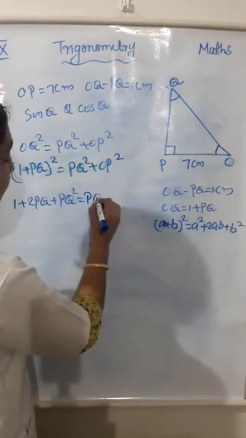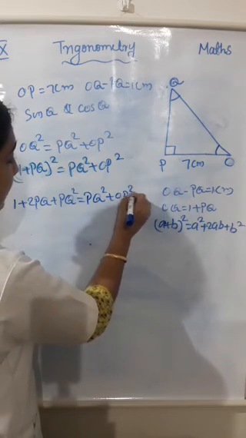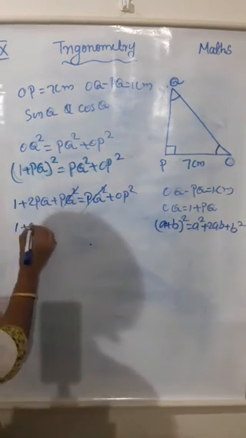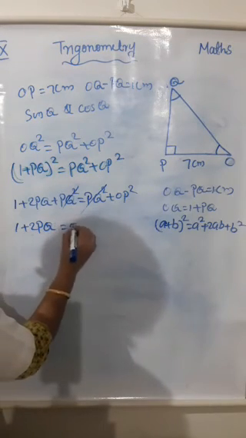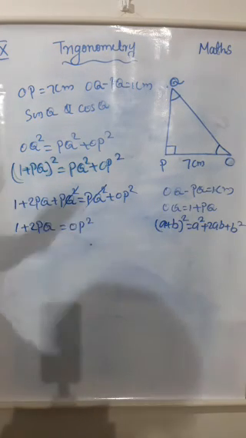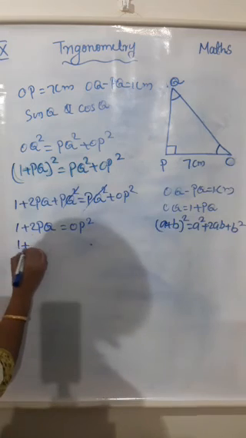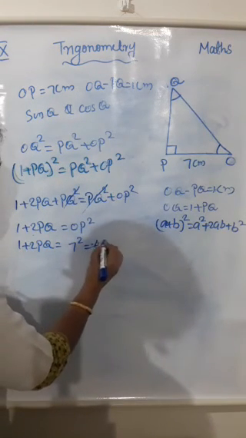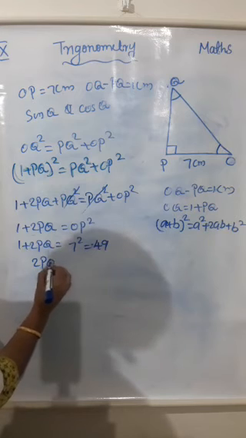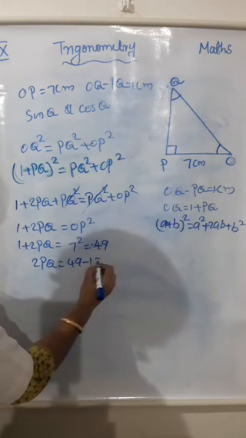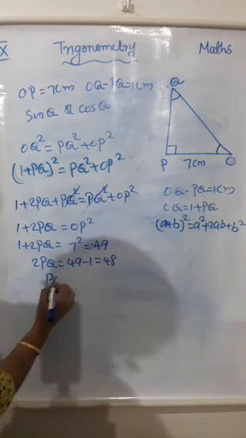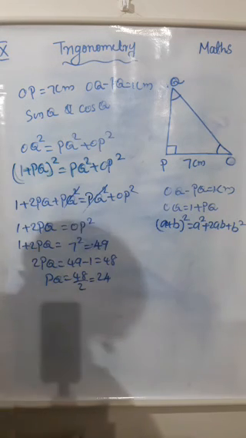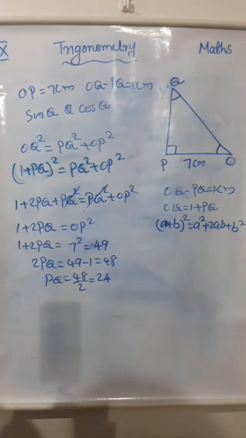On the right we have PQ square plus OP square. Cancelling PQ square on both sides, 1 plus 2PQ is equal to OP square. Given OP is 7 centimeters, 7 square is 49. Then 2PQ is equal to 49 minus 1, that is 48. So PQ is equal to 48 by 2, that is 24.